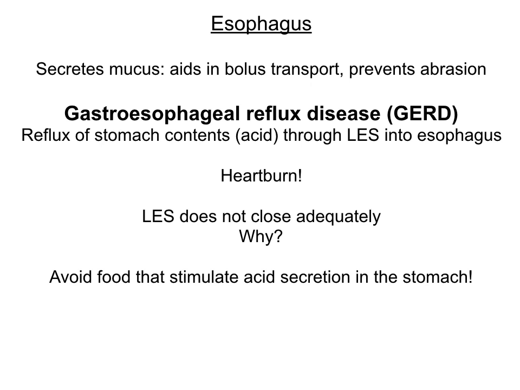However, in GERD, this does not work, and you are going to have stomach contents moving up into your esophagus. Now, your esophagus does not have the acid protection that your stomach does. So when this acid from your stomach goes into the esophagus, it actually starts to burn the lining of your esophagus, and it creates this really sharp burning sensation that is seemingly just posterior to the heart.